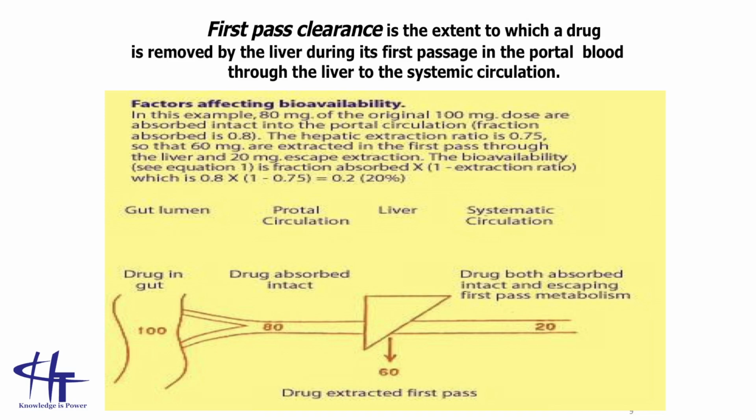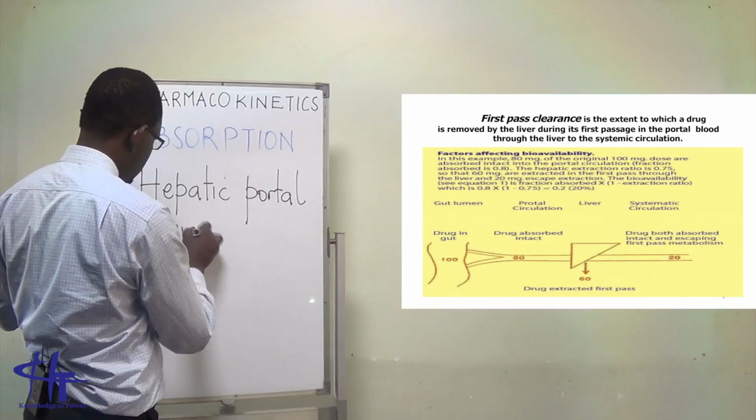So once absorbed by the GIT, whatever has been absorbed will go to the liver through what we refer to as the hepatic portal vein.